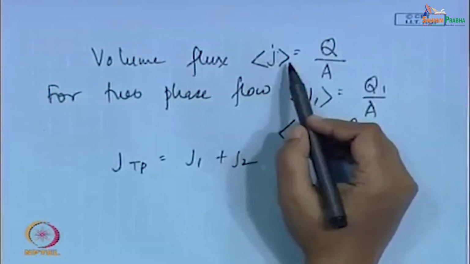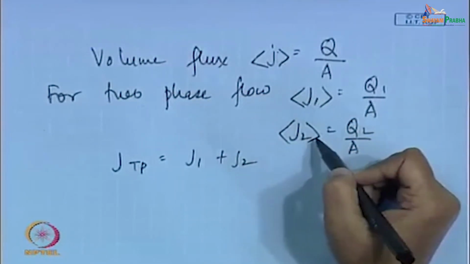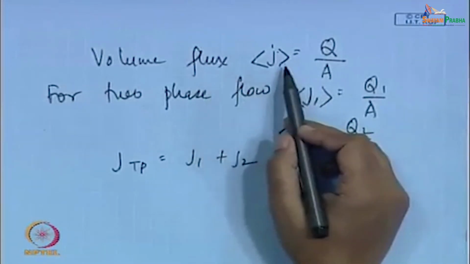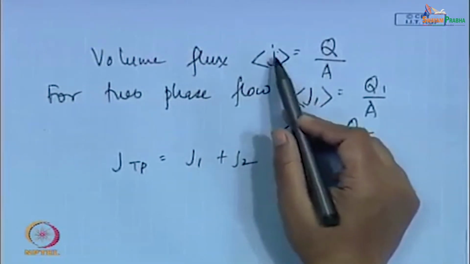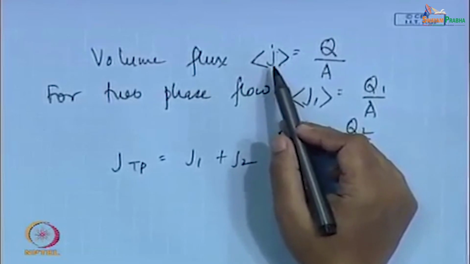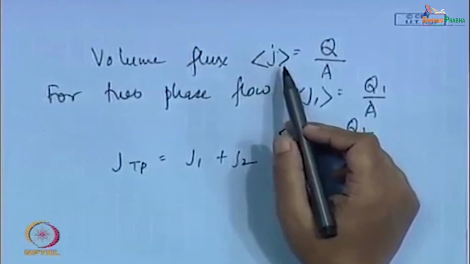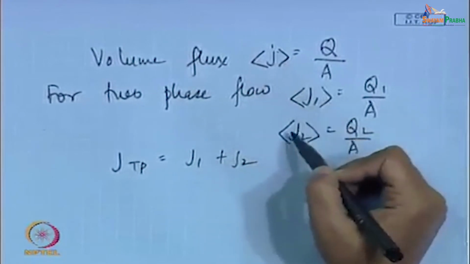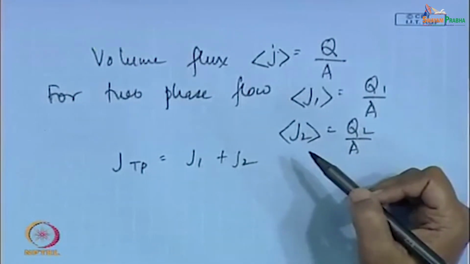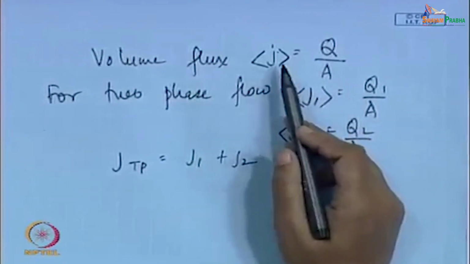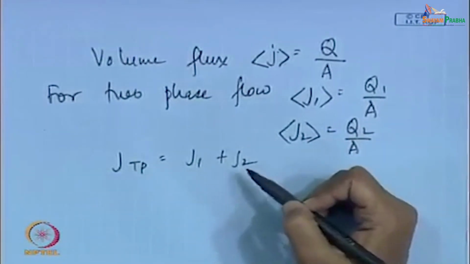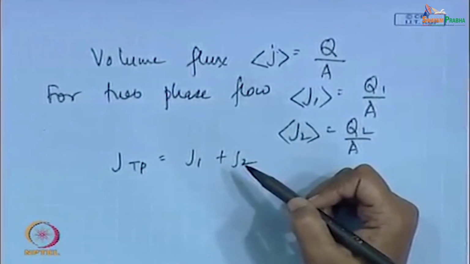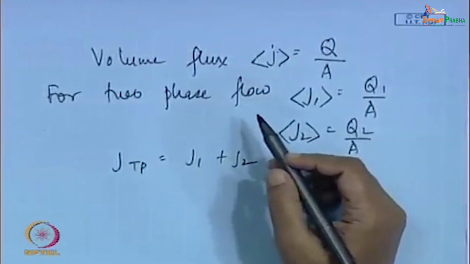But under normal circumstances we assume that they are more or less constant with area, and therefore we do not put the averaging signs. But when we are just writing J, J1, J2, we assume that they are just the area average values. So, please remember this.